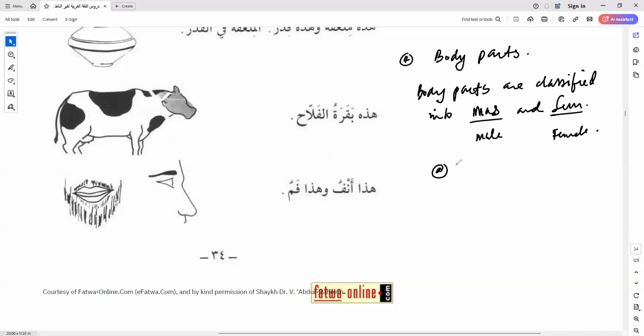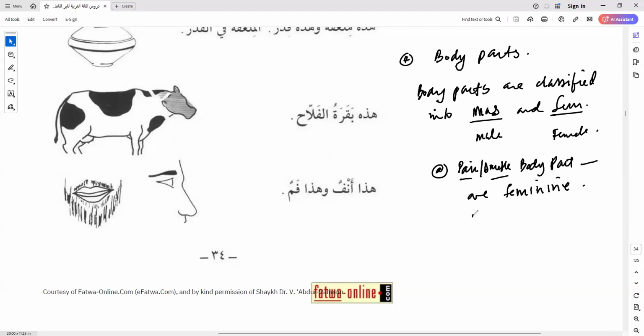So first, we have what we call pair or double body parts. Any pair or double body parts are feminine in Arabic.